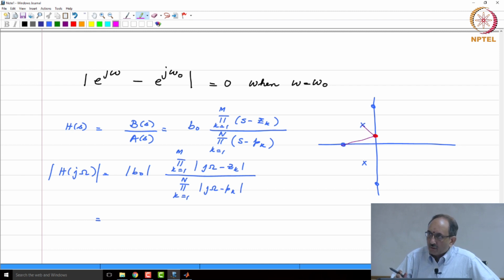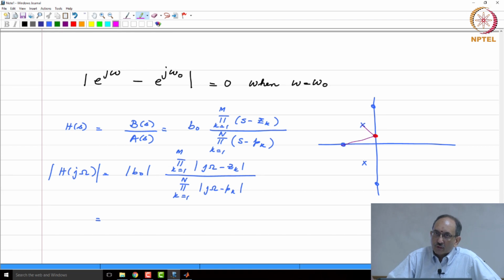Is there a counterpart to the trivial pole in the continuous time case? Finite S plane. That is a good guess, by the way. The answer is there is no counterpart to the trivial pole case. There it was a trivial pole or a trivial 0 which was at a constant distance when you moved along the unit circle.